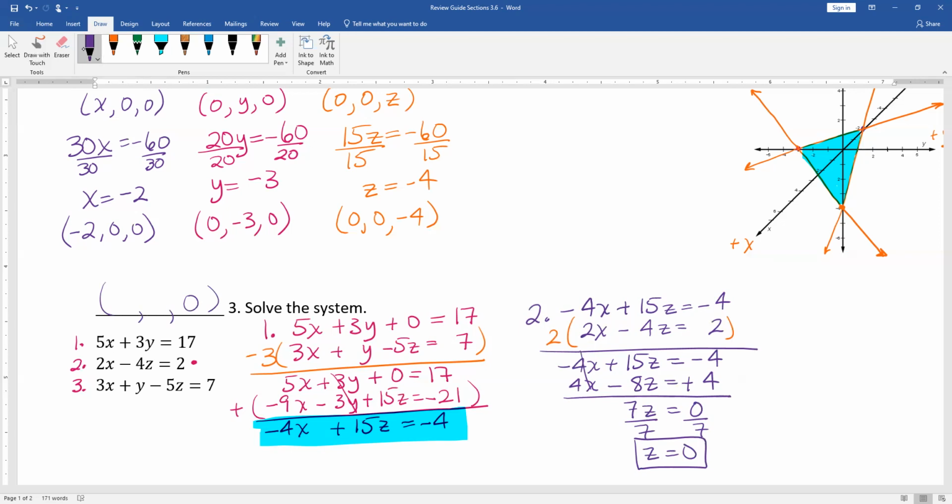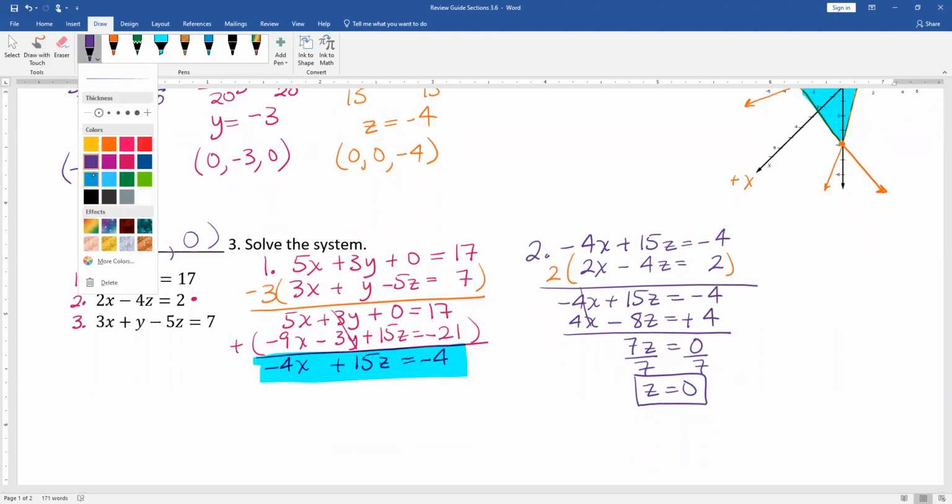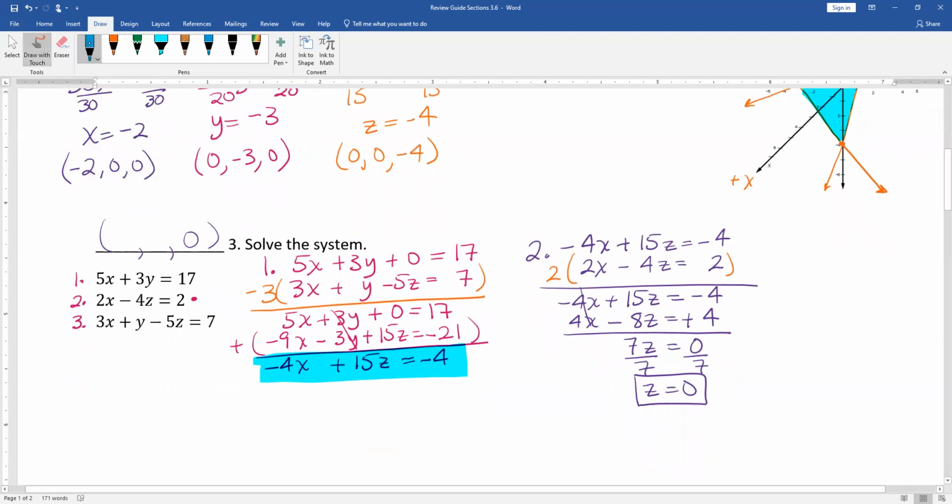All right, so now that I have z, I am going to go back to equation 2. I already have an equation where I have an x and a z, and so I'm just going to go ahead and use that. So equation 2 has, it's step 3. Okay, so equation 2 is 2x minus 4z equals 2.